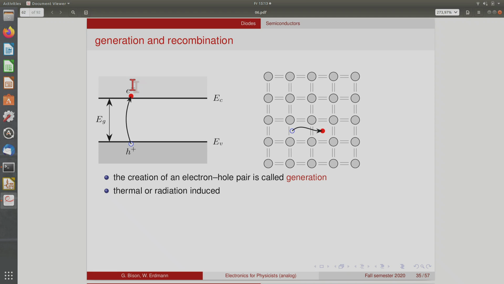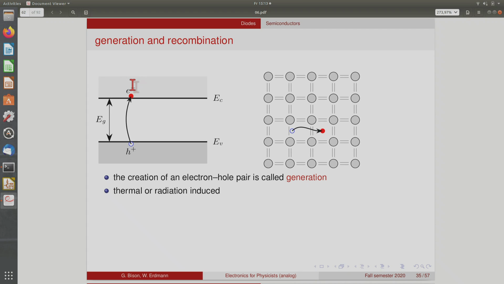Of course, we do not generate an electron really, but we lift it from the valence band into the conduction band, and we create a hole in the valence band. But from the point of view of conductance, which is important for us, we really create a pair of charge carriers. So we create a pair of a positive hole and a negative electron, because we don't really care too much about the valence electrons. They don't do anything for conductivity.